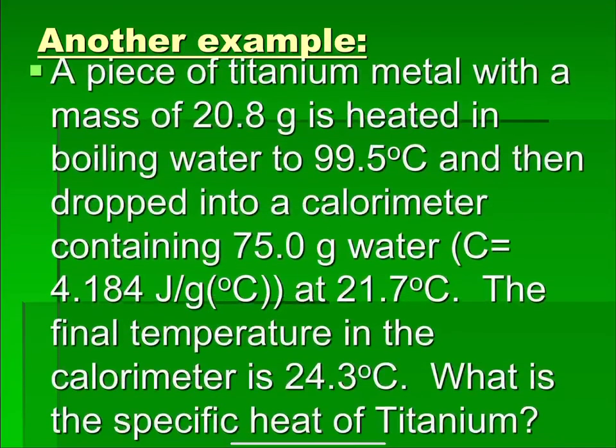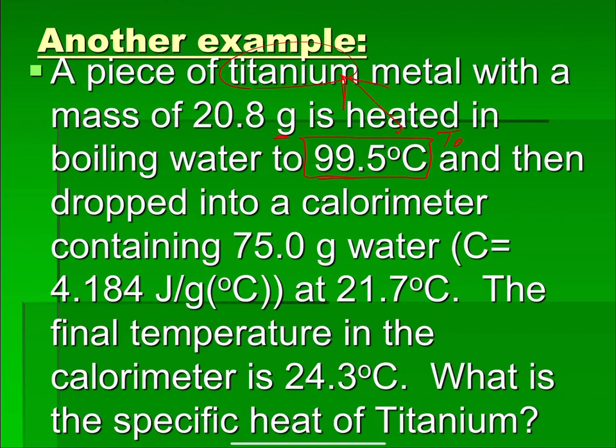Let's do one more, right? A piece of titanium, so there's our one substance, has a mass of 20.8 grams. It's heated in boiling water to 99.5. Well, if our titanium is in water that's boiling, we're going to figure that this is the initial temperature of our titanium.